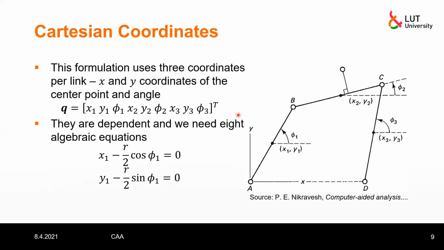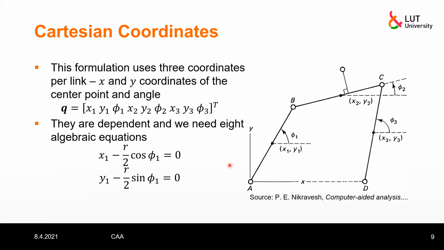So we have plenty of coordinates here because, as you may remember, it is enough to use one generalized coordinate to describe this system fully. However, the advantage is that the description is pretty easy. We don't have to choose a specific set of coordinates or analyze the system topology beforehand.